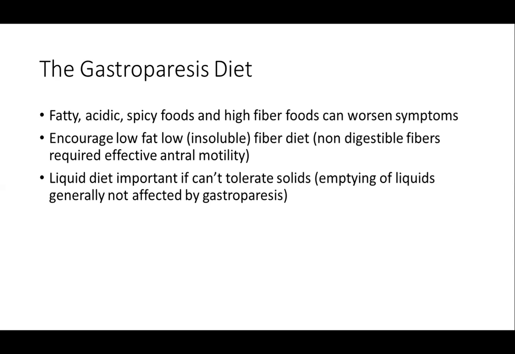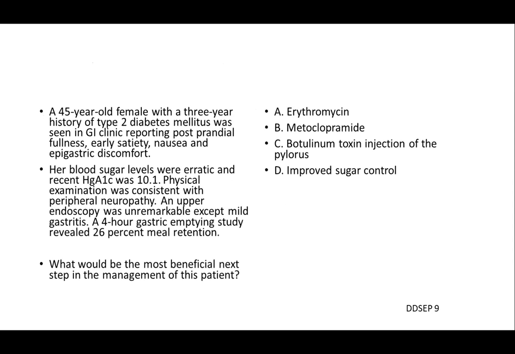If you can't do that, it's going to acutely worsen your symptoms. I like to focus on a high protein liquid formulation diet, whether it's Boost or Ensure. I always say you should sip on one throughout the day, or at least have one with each meal. That way you get your protein without having to eat a lot of solids.